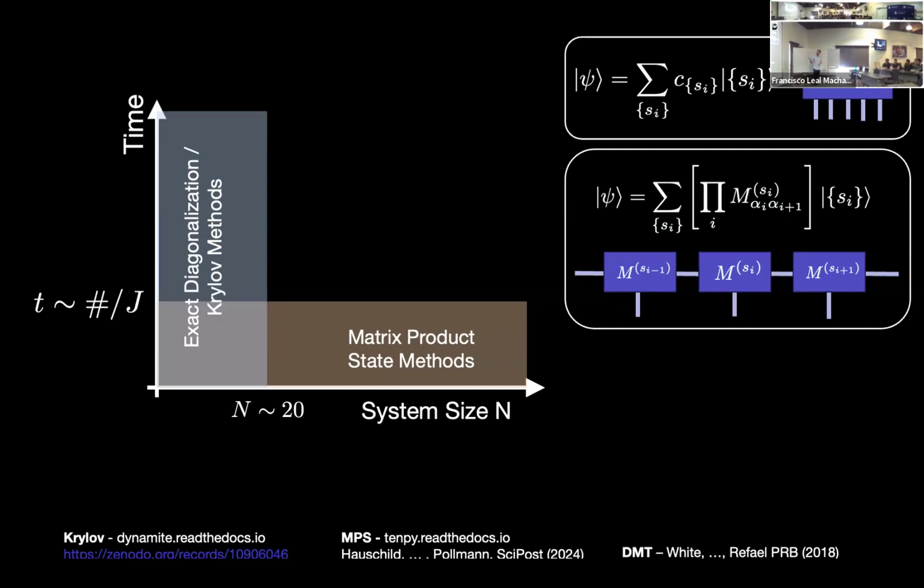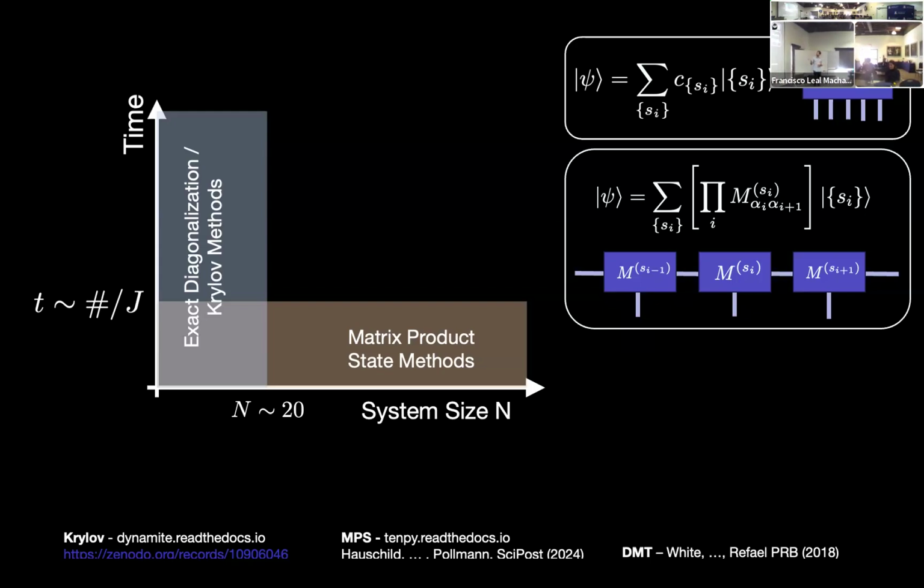The reason why you have this factor of about 20 is that for every state of your quantum system, you need to hold on to a particular complex number, this C factor. And you can see that the complexity fundamentally grows exponentially with system size. And so you always have a sharp wall on this value.